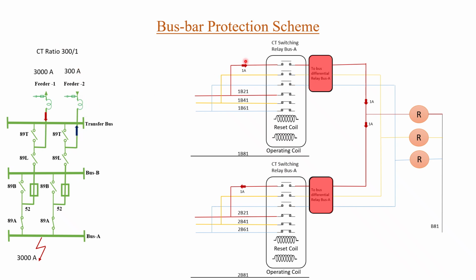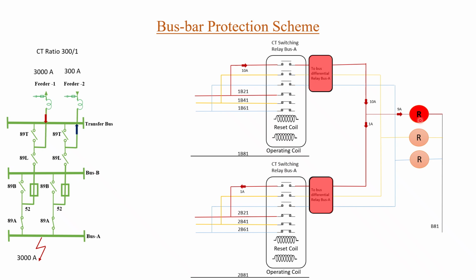Now the CT secondary current flowing through feeder 1 will be 10 ampere, and out from feeder 2 is 1 ampere, as we have seen previously. What happens over here at the summation point is this will be 10 amperes, this will be 1 ampere. So the difference of 9 amperes will be flowing through the differential relay, operating the differential relay coil. And what will happen next is the busbar protection will be operated.